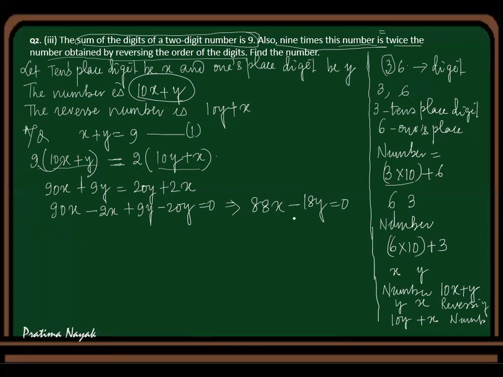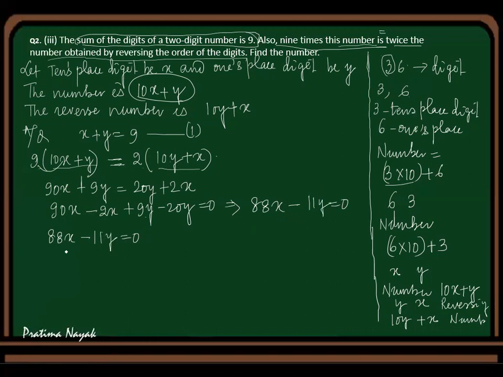So much silly mistake. This will be 11y, so 88x minus 11y is equal to 0.